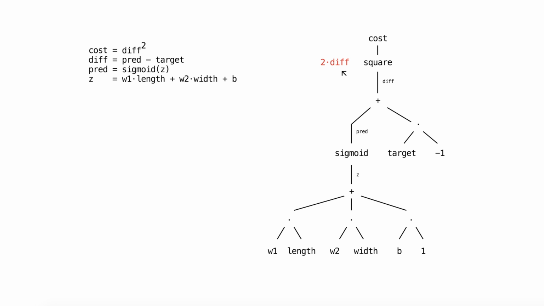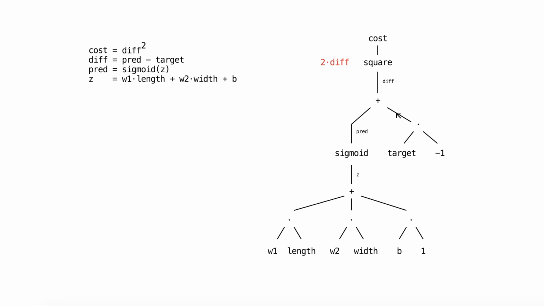And now we need to know, how does the difference change when the prediction changes? So we're working our way back. How do these intermediate results change when stuff that they depend upon change? Now we want to know how diff changes when stuff that depends on W1 changes. So pred depends on W1. So we're going to take the derivative of diff with respect to pred, and we have to bring that through this sum.